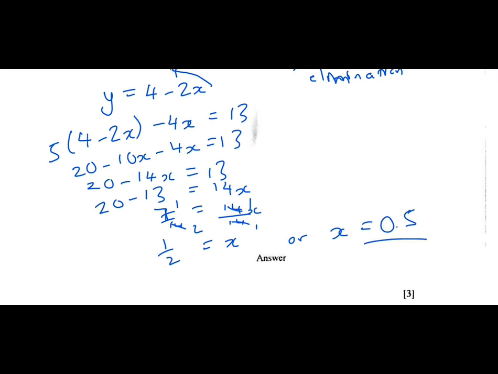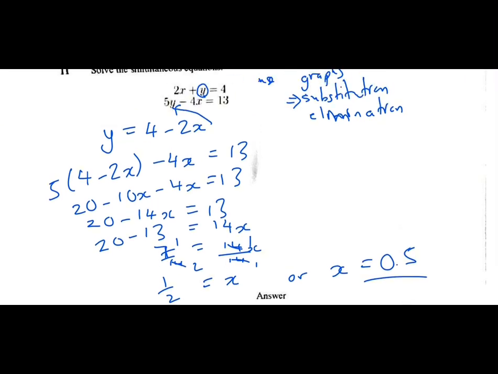Now, when we've gotten our value for x, we can use it to find the value of y by substituting it into any of the equations. We can use it in the first equation, which has a direct value of y, or we can use it in the second one. Since the first one is easier, let's take the first one. 2 multiplied by x, which is 0.5, plus y is equal to 4.